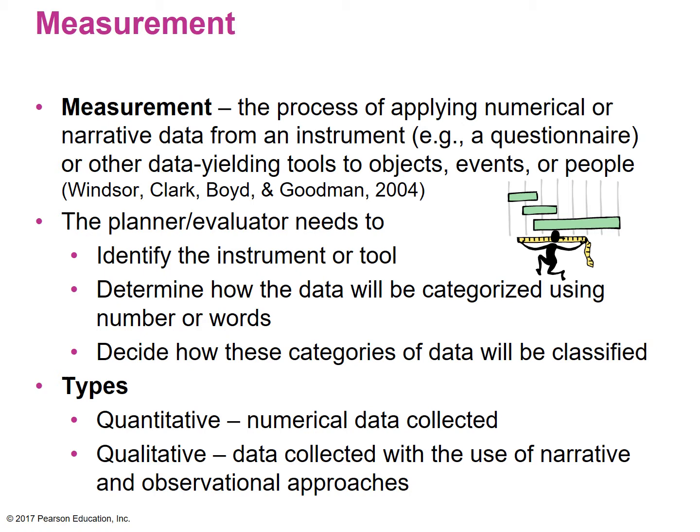Determine how the data will be categorized using numbers or words. This is if you need to recode your data or compute a new variable. You may have a situation where you collect age, right? The person actually types in their age, and you think, okay, I'm mostly interested in 17 and younger and 18 and older.